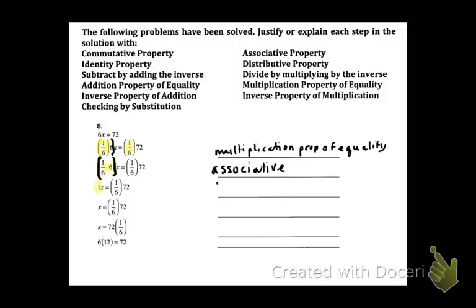So that's using the inverse property of multiplication. Because they're multiplying together, it equals 1. That's the inverse property of multiplication.